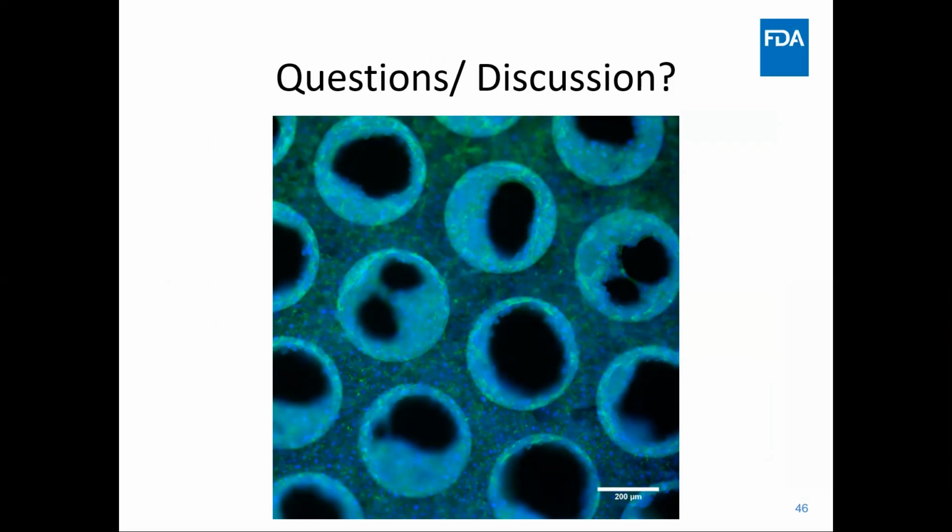Thank you. Our next question is, as far as lung on chip, do you consider the culture system under air-liquid interface? That's a good point. Yeah, it really depends on the context of use.